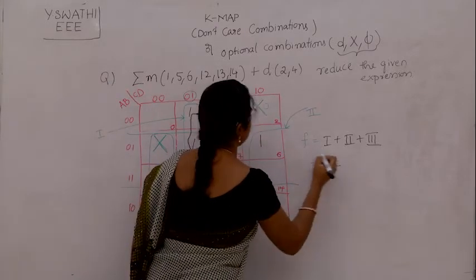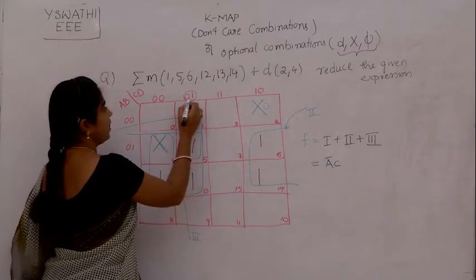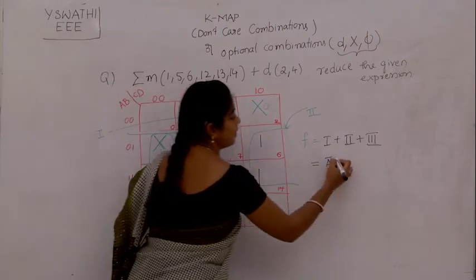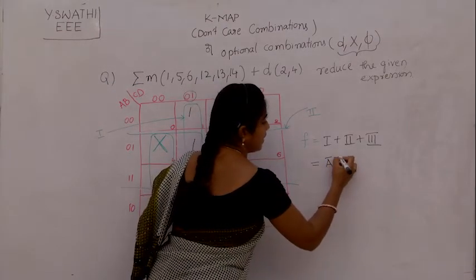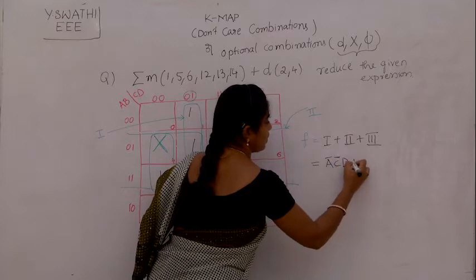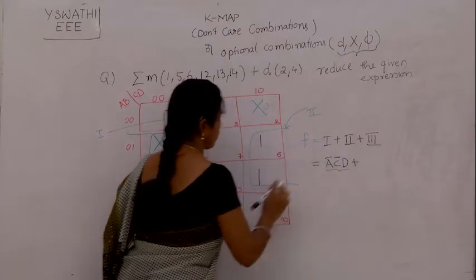So the combination of C and D is C bar D: C is in complemented form, D is in uncomplemented form. This is our first group expression.